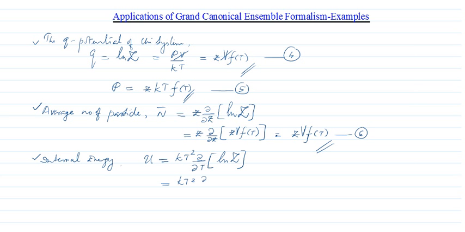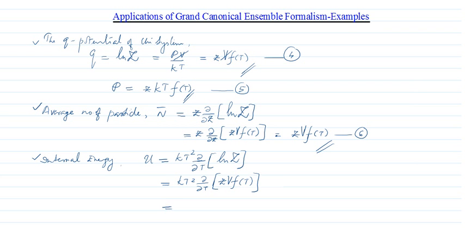Once again, from equation number 4, log Z can be replaced with fugacity Z into V into f of t. Now you know that here we are doing a partial derivative with respect to temperature. Since the value of f of t is not explicitly taken, the derivative of f of t can be represented as f prime of t, or f dash of t. Depending on what f of t is, you will get an f prime.